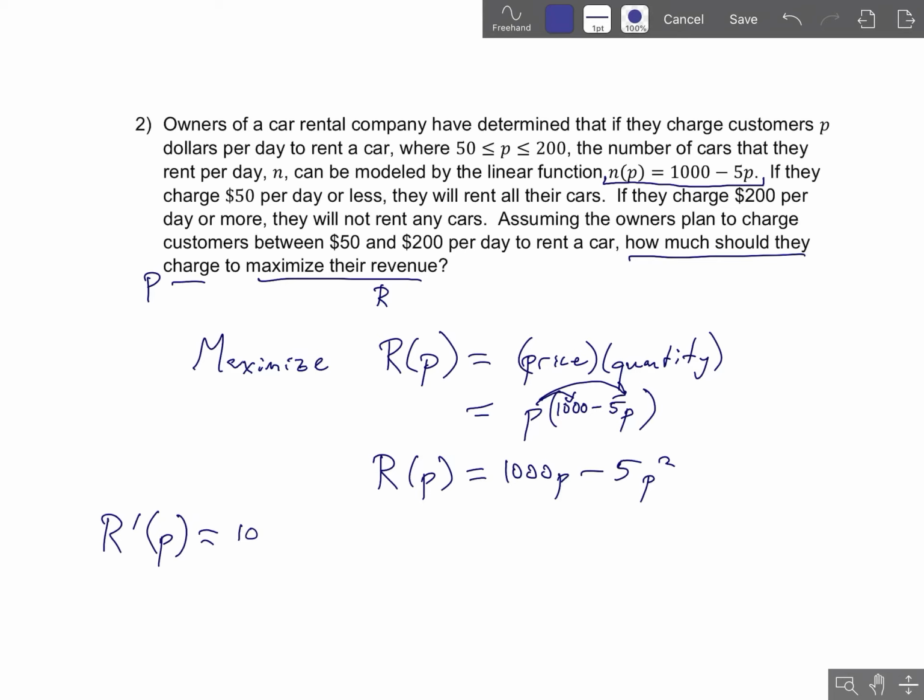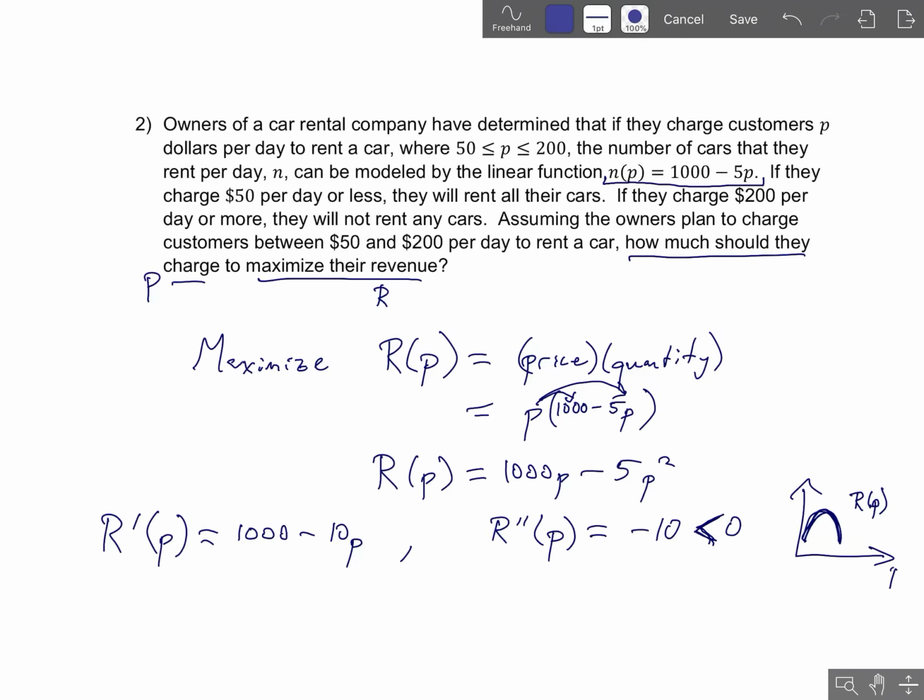So we'll compute the derivatives here. Now we're taking the derivative with respect to P. So R prime would just be 1,000 minus 10P. And R double prime, if you want to compute it right away, you can, will end up being a negative 10. Notice that this is a negative number, and therefore the concavity is negative or downward for this revenue function.